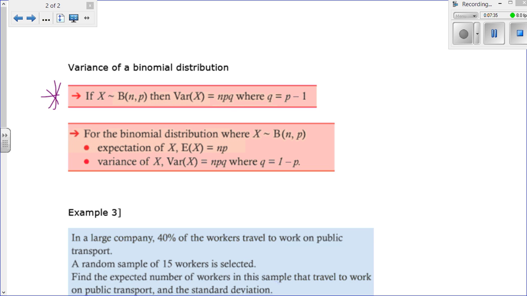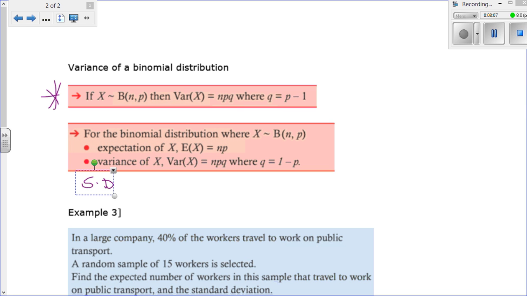So the variance is just equal to n, the number of trials, times p times q, where q is 1 minus p, the failure. So for the binomial distribution, we have an expectation, which is n times p, and a variance of n times p times q. And if we know the variance, we can find the standard deviation because the standard deviation is simply the square root of the variance.